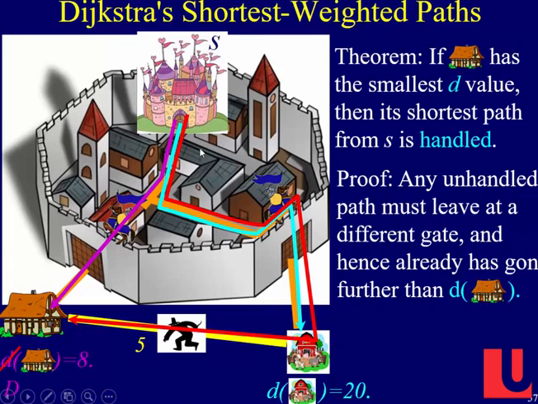The nodes inside have capital D values because they're the right answer. The nodes outside have baby d values, which are the best handled path. And then we take the one with the smallest d value, and that's this one with the 8. So 20 is bigger.